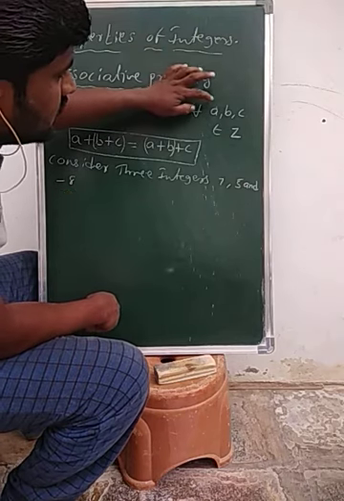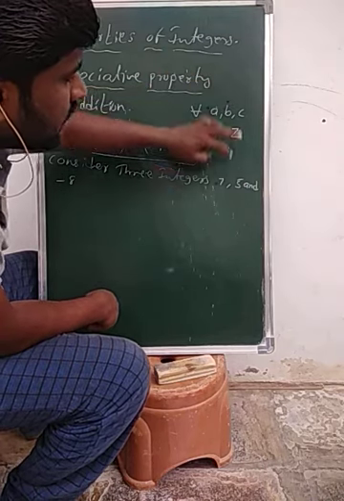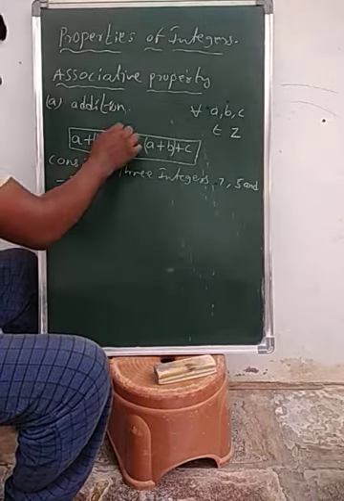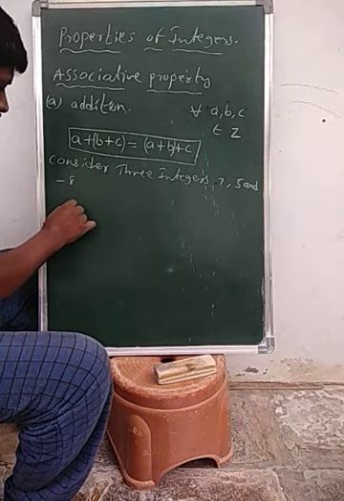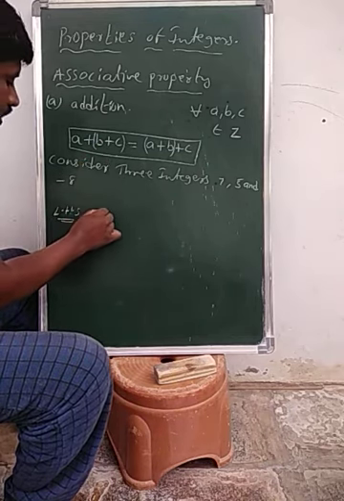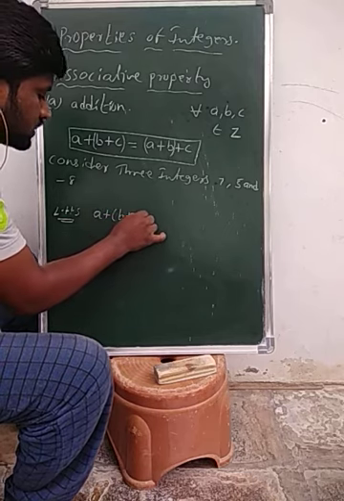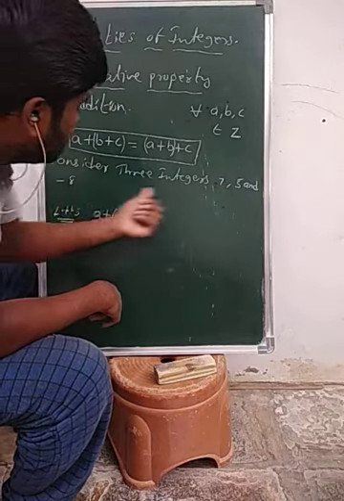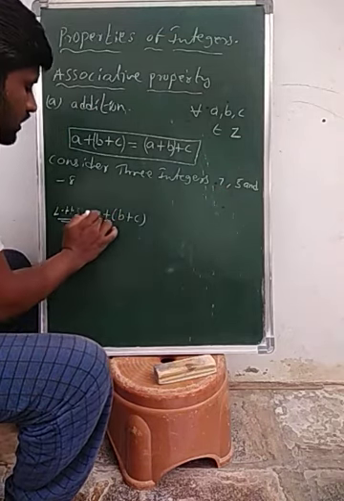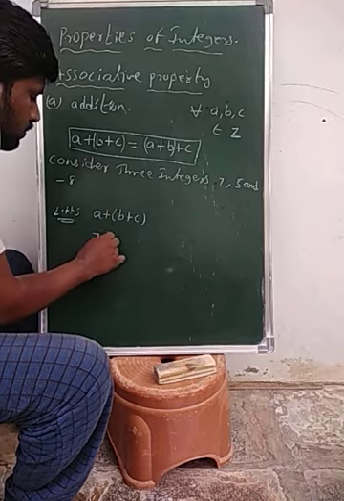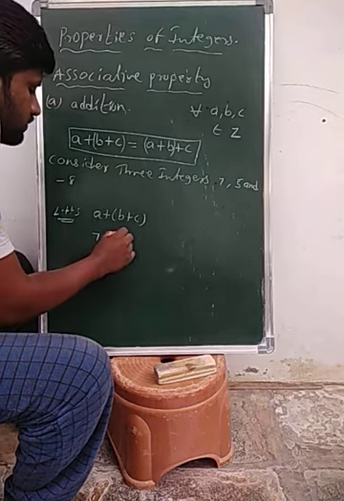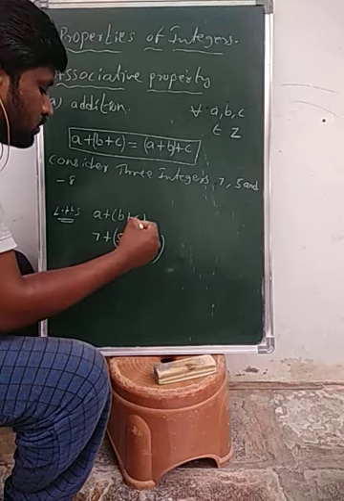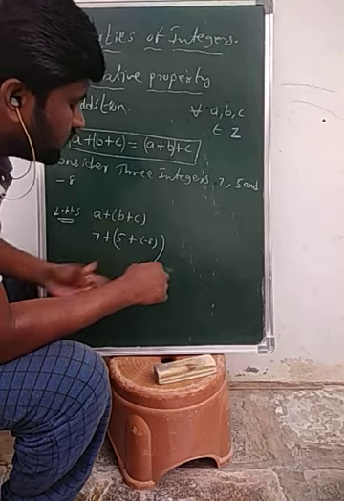You understand it as a as 7, b as 5, c as -8. Now take the LHS part. What is the LHS part? The LHS part is a plus (b plus c). Now I am going to substitute the a, b, c values in this place. A means 7 plus, b means 5 plus c means -8. So bracket for the second and third integers.